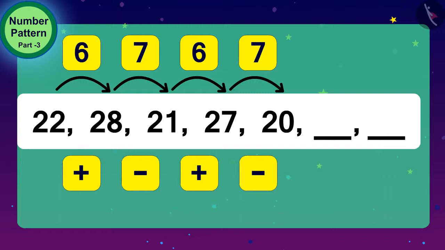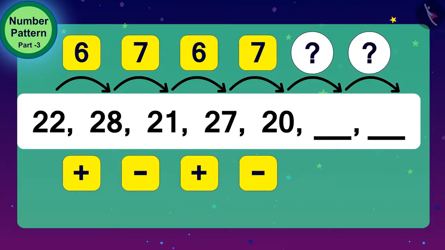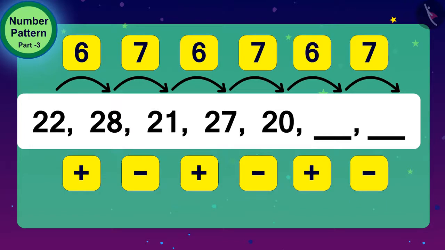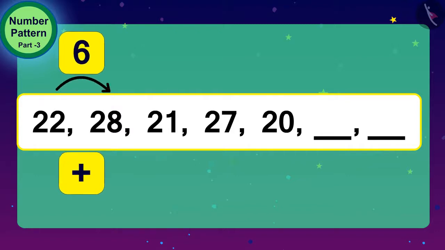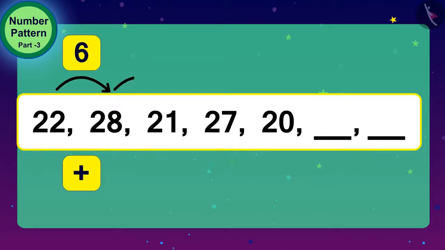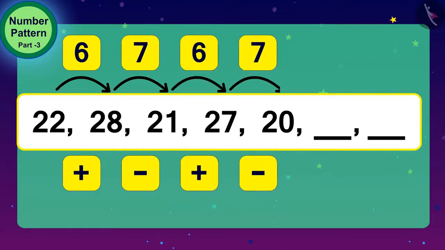Children, do you now understand the unique rule of this number pattern? Well, you are thinking right. This number pattern is being carried forward by adding 6 once and subtracting 7 the second time.